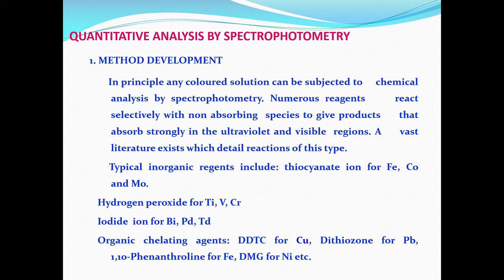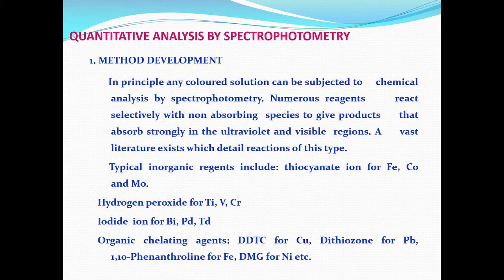Sometimes you may react them with a reagent, but you may not see the color also. In that case, it may be absorbing in the ultraviolet region or near IR. Near IR means of course you will see some slight red color, but in the ultraviolet region you may not see any color at all.